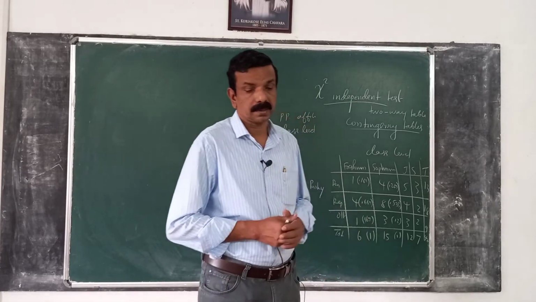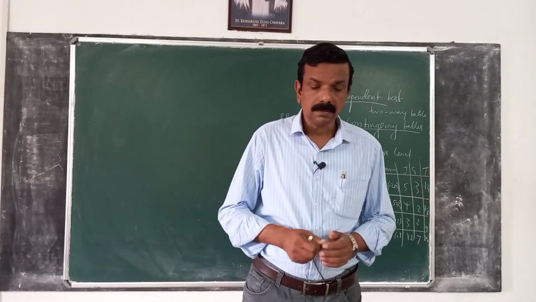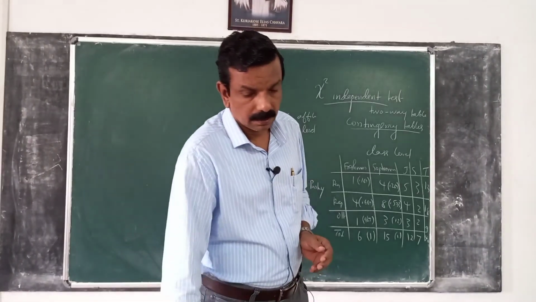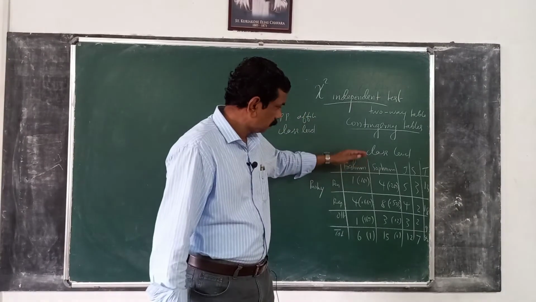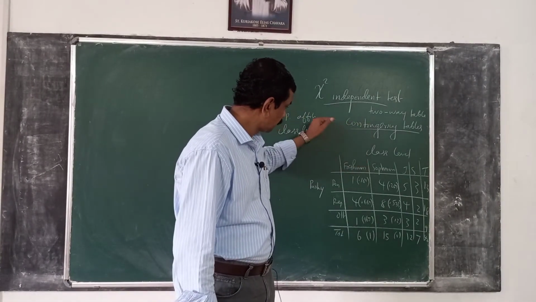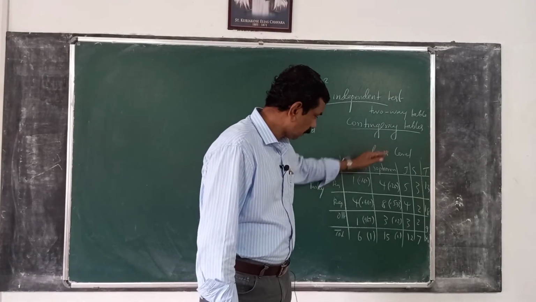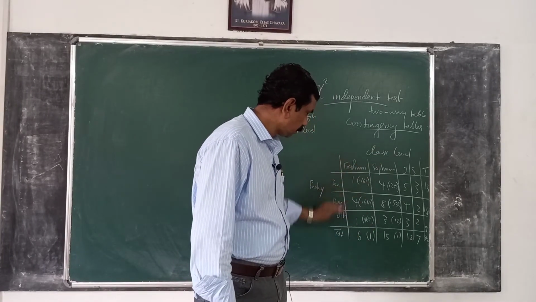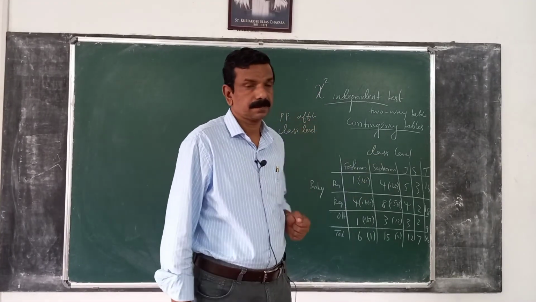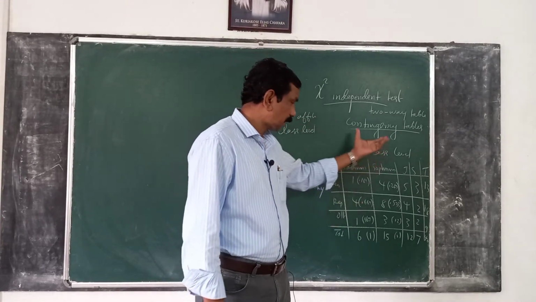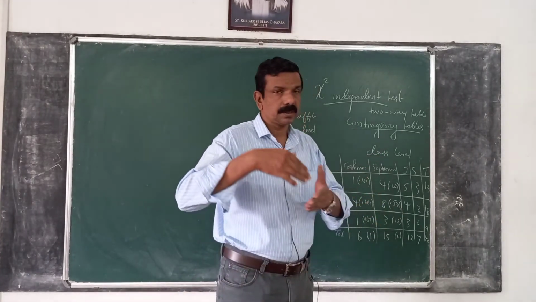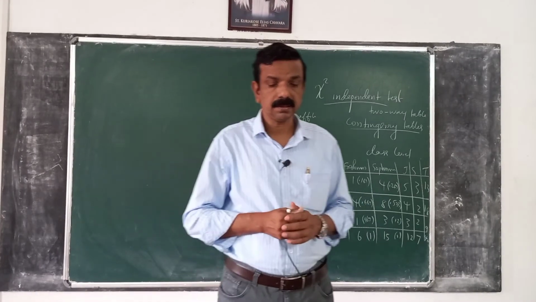That is what you will get. Now, so we have two variables, party affiliation and class level. Information about class level gives you information about party affiliation. So there is association. Whether there is an association or not, we will see in the next session.